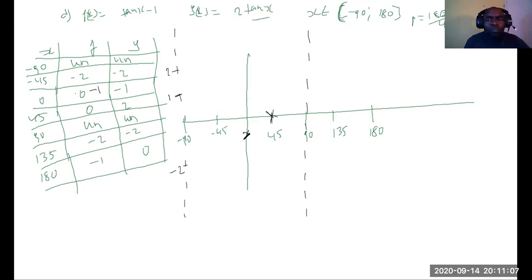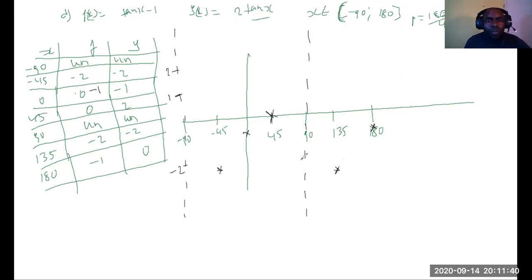At 180, also I've got -1. Then I've got a -2 at -45, the -2. And I have got 135, also -2. Okay.